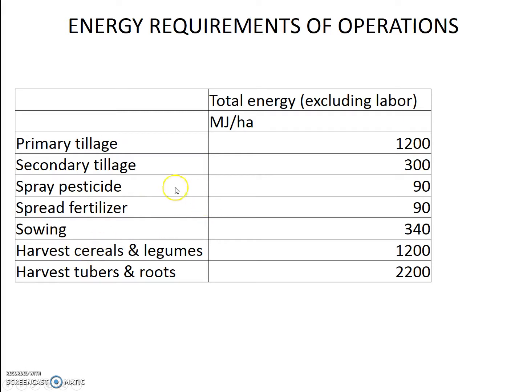The less demanding operations are the applications of pesticide or fertilizer. Then we would have sowing, secondary tillage, and a lot of energy is required for primary tillage, for harvesting, especially if we are harvesting underground organs.